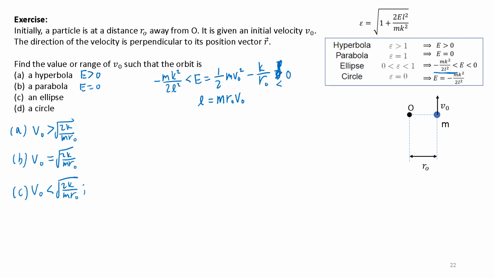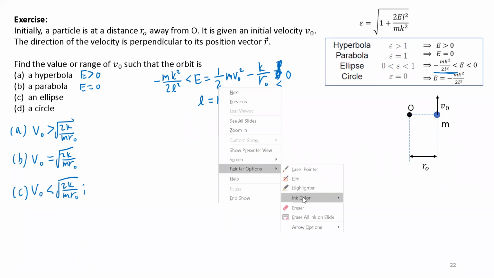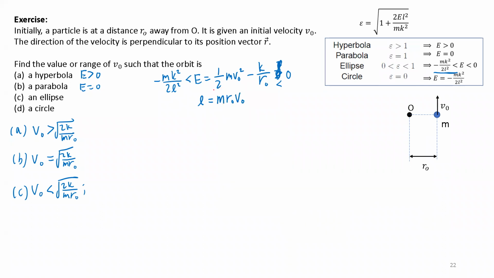So if I just write down this part of the inequality, what I have is the following. It's 1/2 mv0 squared minus k divided by r0, so greater than this.